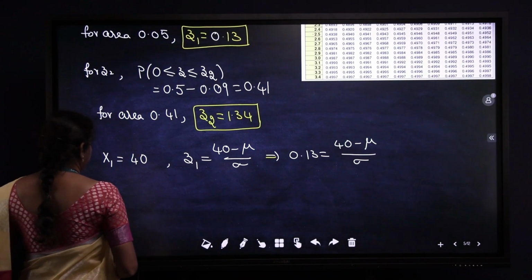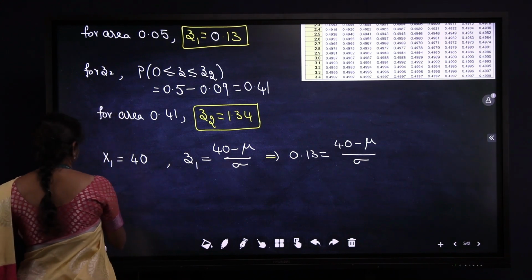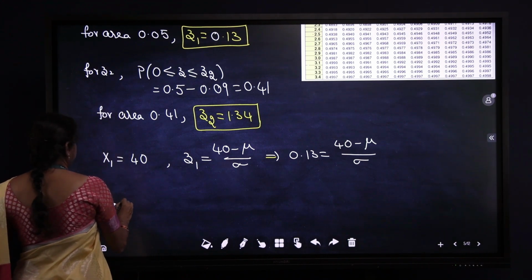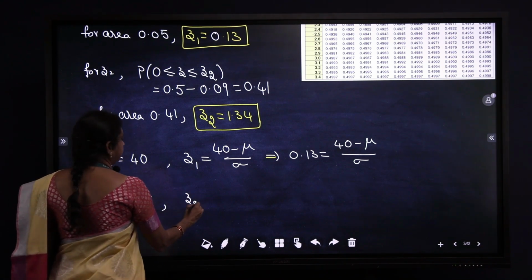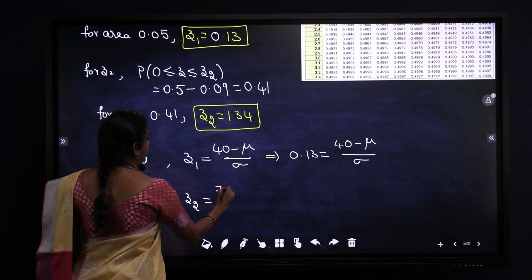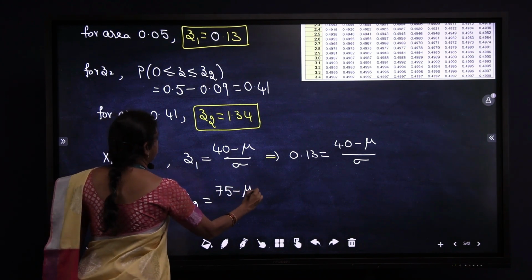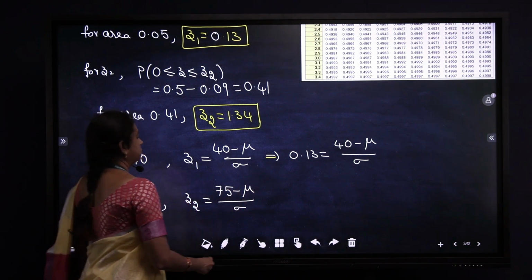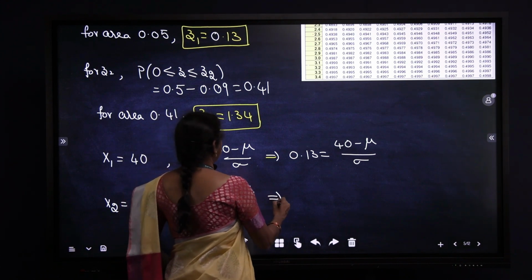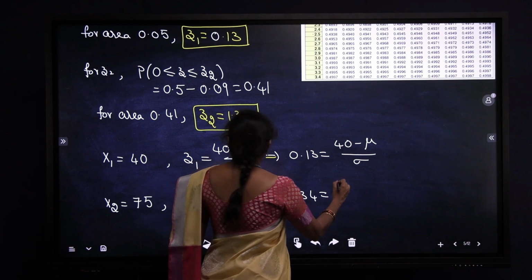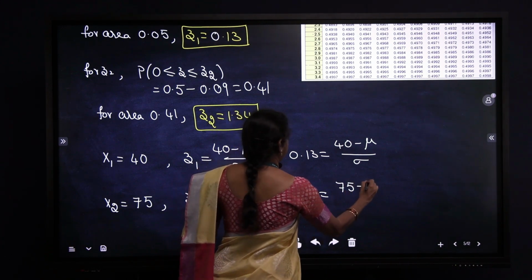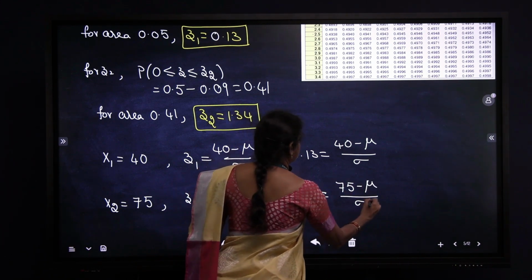X1 is 40 and X2 is 75. 40 was the minimum pass mark and 75 was the distinction. So Z2 is equal to (75 minus mu) by sigma. Simplifying, Z2 is 1.34, equal to (75 minus mu) by sigma.